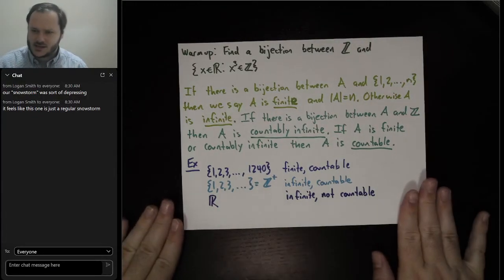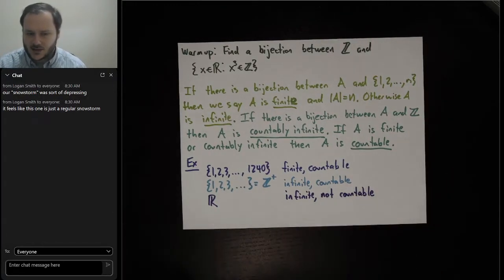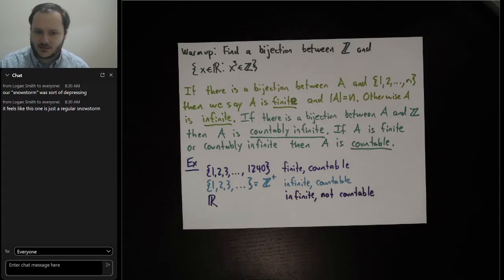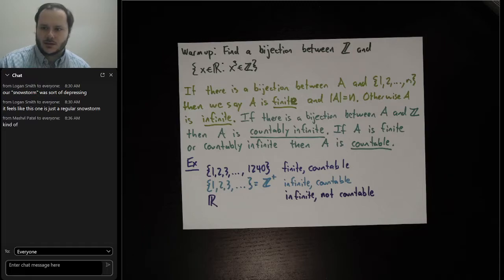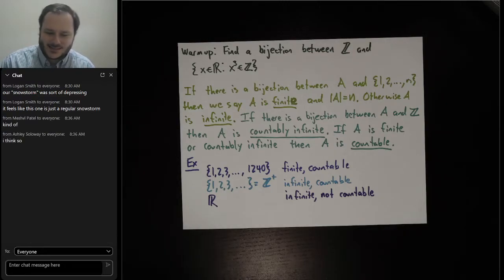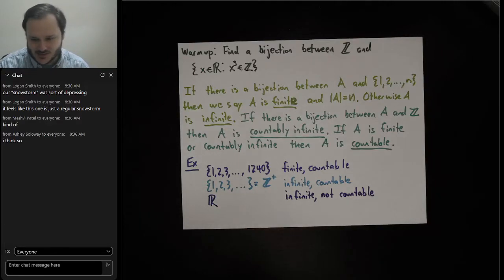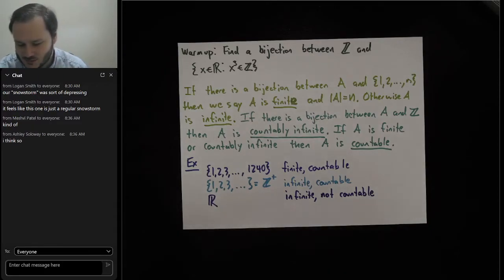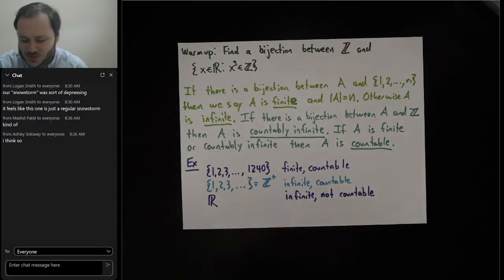This makes sense? Finite, infinite, countably infinite? Questions there? Kind of. Yeah, I mean, it's new, but these are just terms for what we discussed last time. So hopefully what we talked about last time makes sense, but we'll do some more of it today.